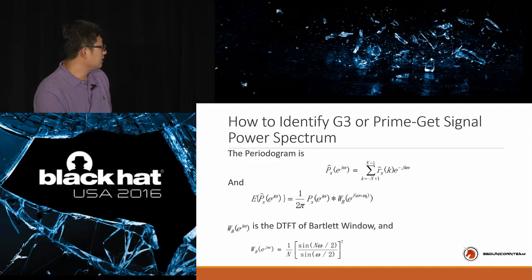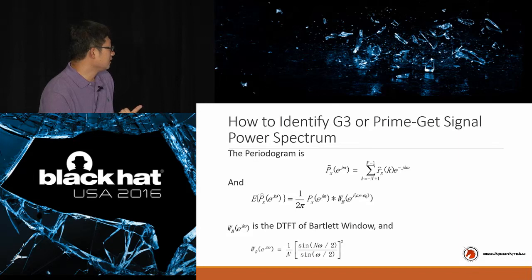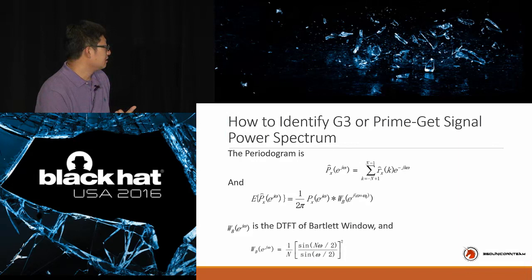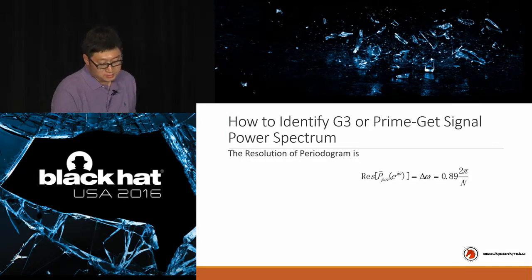And we can see the expectation of the bias estimation of the power spectrum is equal to the power spectrum modulation, the WB divided by 2 pi, and WB is the DTFT of the Bartlett window.